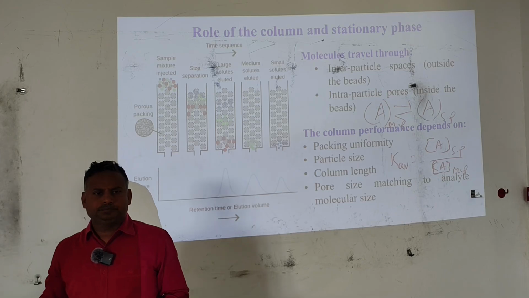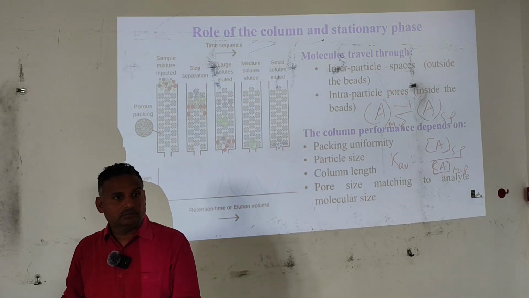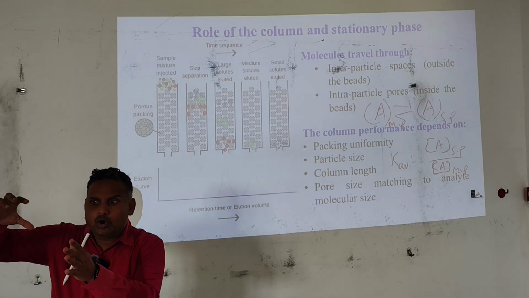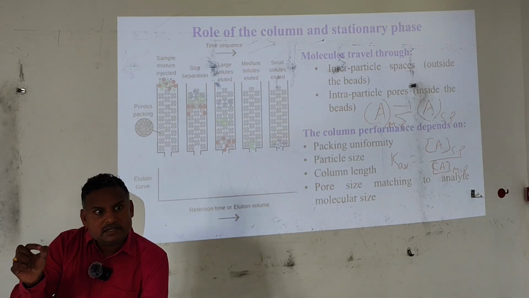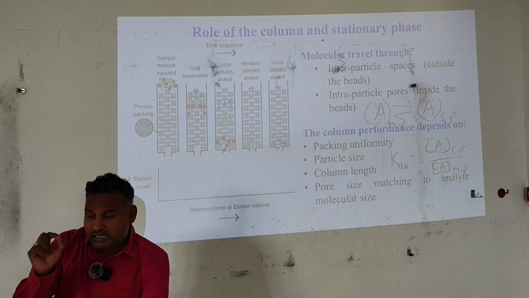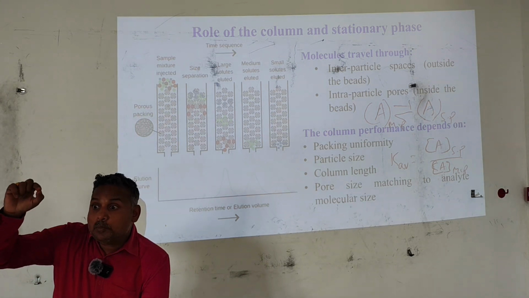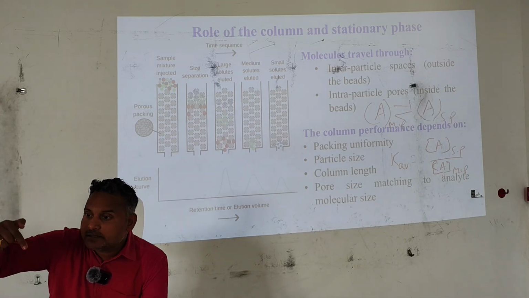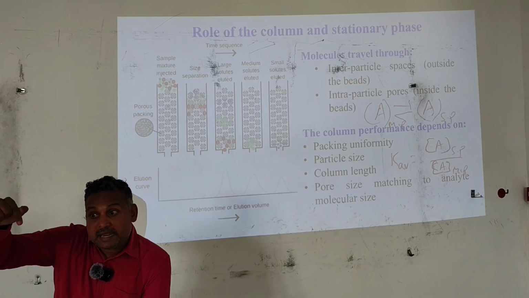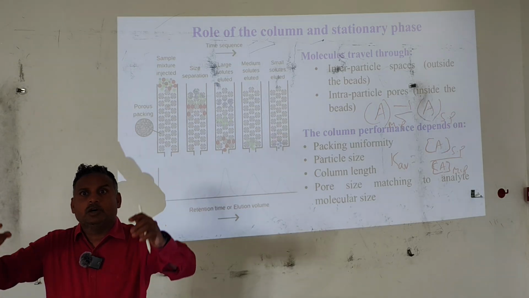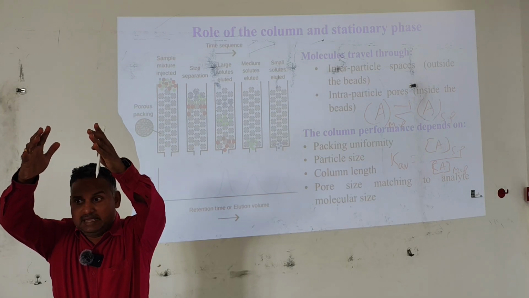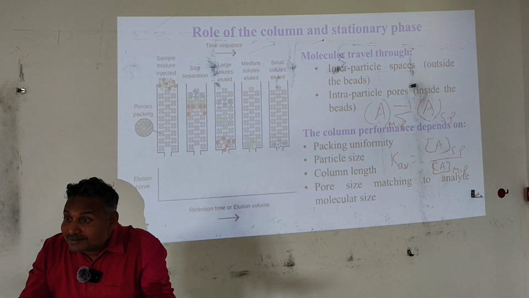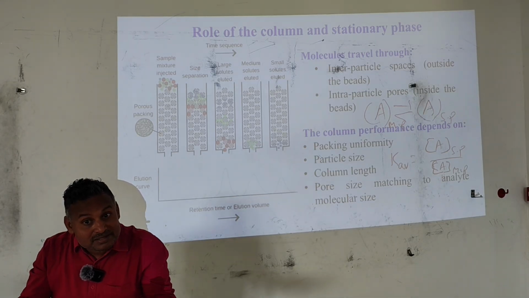Okay? For example, consider a situation. Your mixture has all very big molecules, very big. Okay? And your pore sizes are very small. That means no component present in the mixture will enter inside the pores. When no component enters inside the pores, you are giving a mixture to be separated as a sample, and when it is coming out, again it is a mixture.